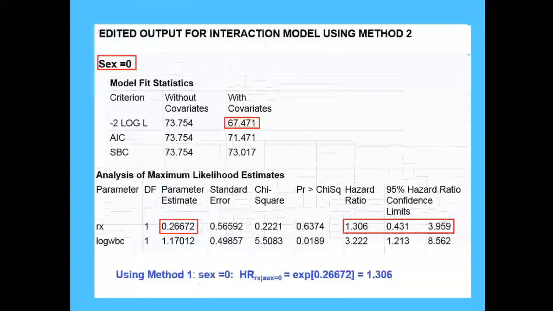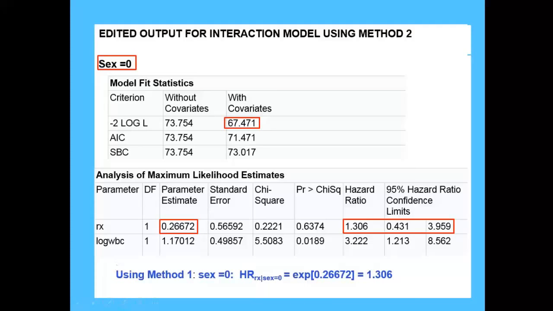Now, here's what happens when you see sex equal to 0 up here. This is when I just run the model for the males or whichever one group it is. Let's say it's the male, sex equal to 0. When I run that model just for sex equal to 0, I separate the data for males. I just run it on males, and I only put in treatment and log ultrasound. I'm not stratifying on anything.